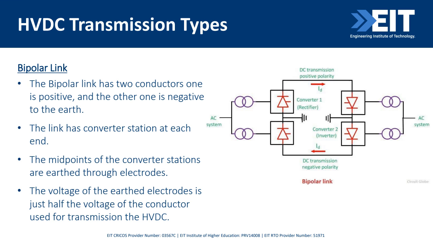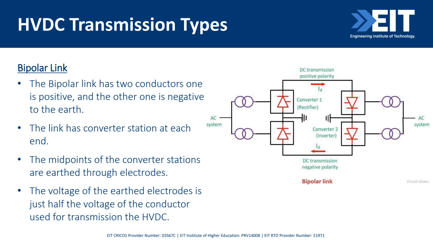So bipole, as the name says, has two poles, so two conductors. One is positive and the other one is negative with respect to the earth, meaning one acts like a return path. The link has a converter station at each end. The midpoints of the converter stations are earthed through electrodes.